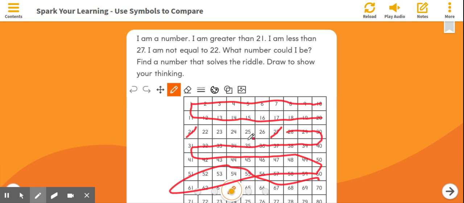So it has to be somewhere in here based on our clues so far. Let's read our last clue. I am not equal to 22. So it's not 22. Look, we have some choices. It could be 23, 24, 25, or 26 based on our clues.